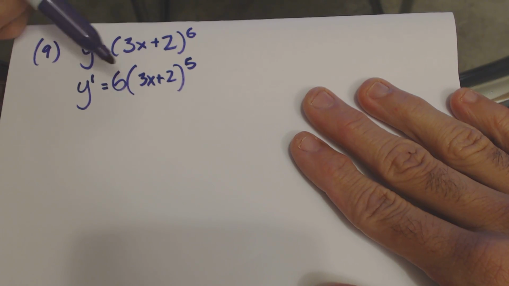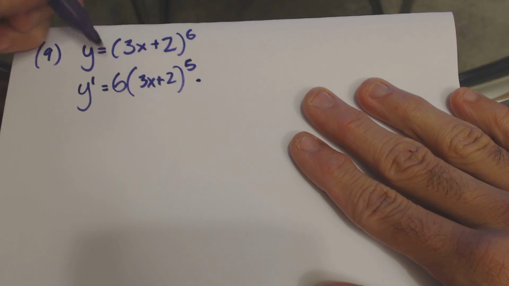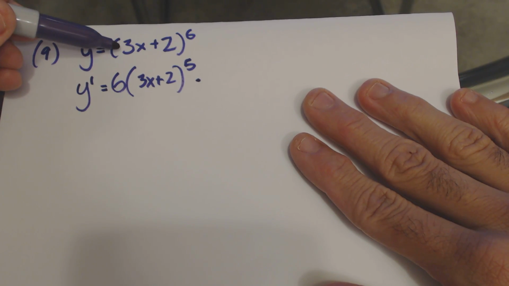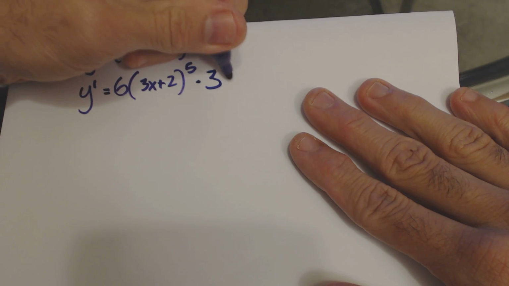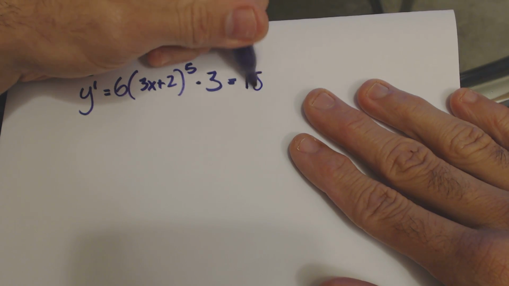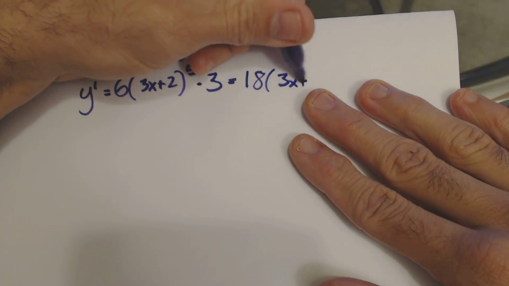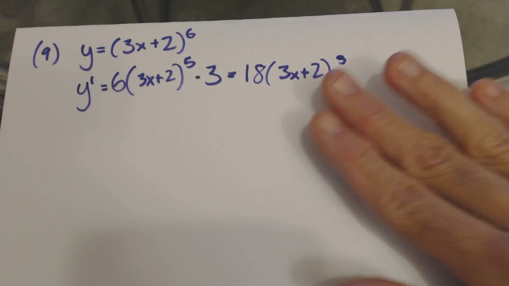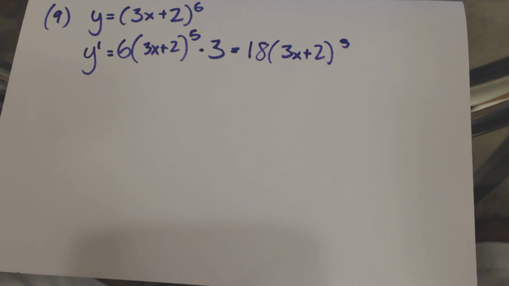So that's the derivative of the outside function times the derivative of the inside function, which is just 3. And so you wind up with 18 times 3x plus 2 raised to the 5th power. So that's where you ultimately want to get to.